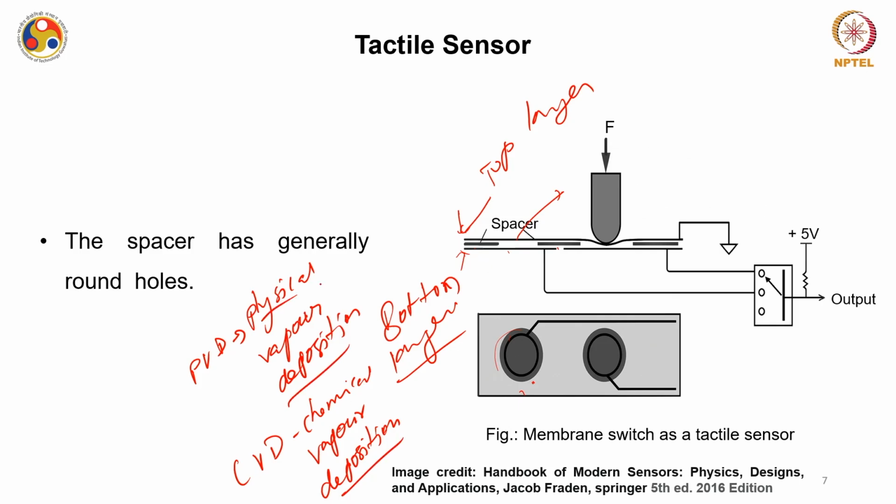Mostly these techniques are used to make the top layer of this setup, and the bottom layer is usually made by etching silicon using MEMS technology.